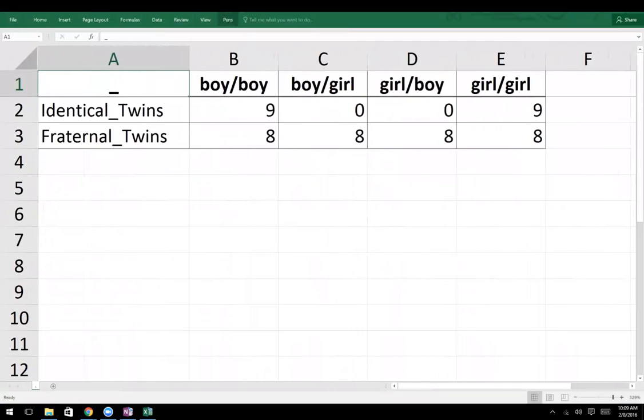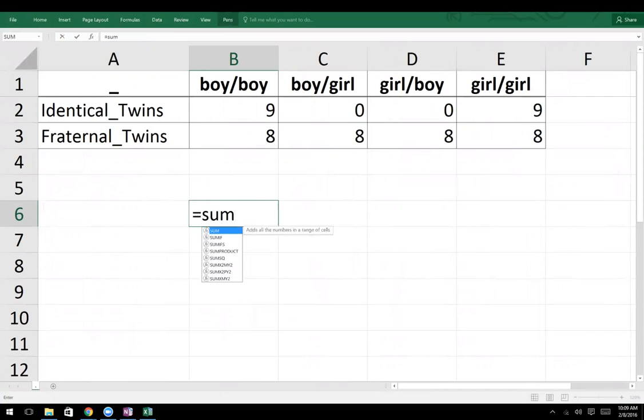Okay. So out of all those possibilities, which ones are identical twins? This is a whole lot easier than it sounds. It's just the identical twins row, right? So those are all identical twins.